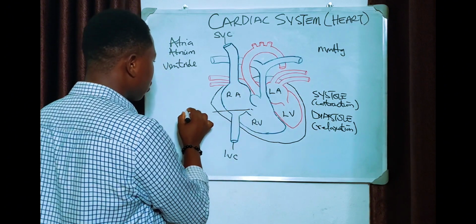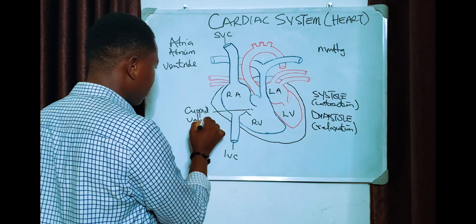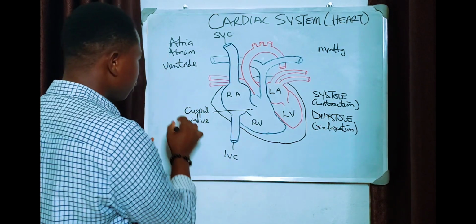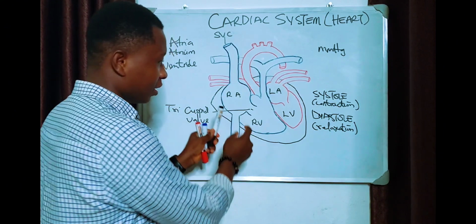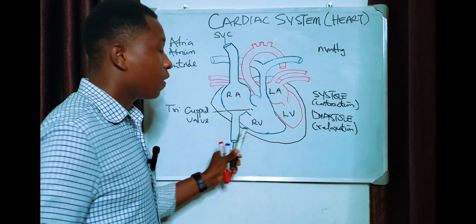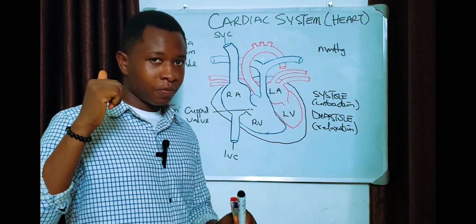This valve is called the cuspid valve. Because these valves are 3 in number, it is called the tricuspid valve, right? So it passes through the tricuspid valve into the right ventricle, and the tricuspid valve prevents backflow.